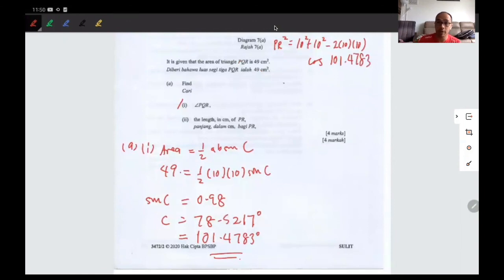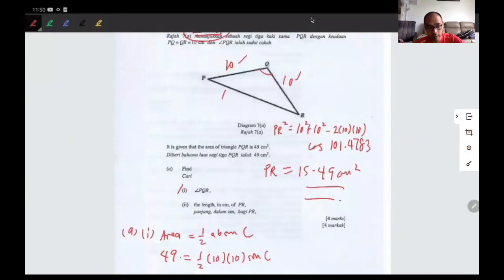Very, very important. If we use the wrong angle, we will get everything wrong, which is something that I noticed happens a lot. So you get PR equals to 15.49 centimeters. This will be a very important piece of information for the next part of the question.